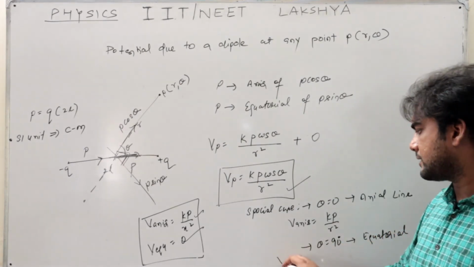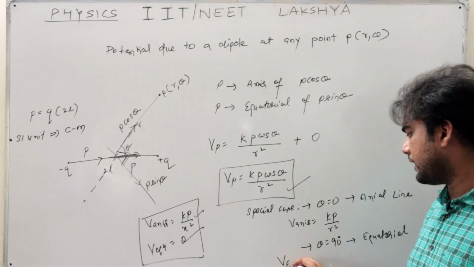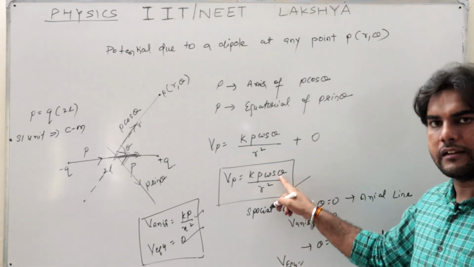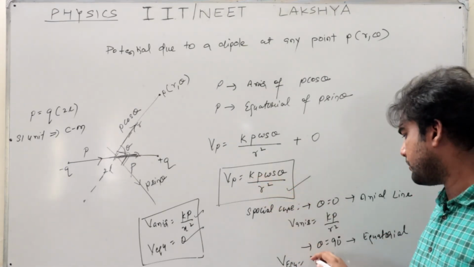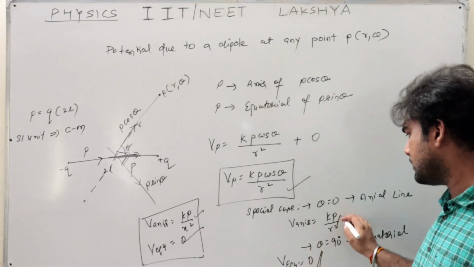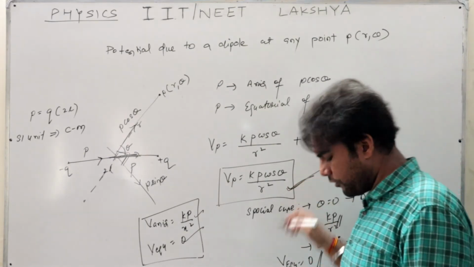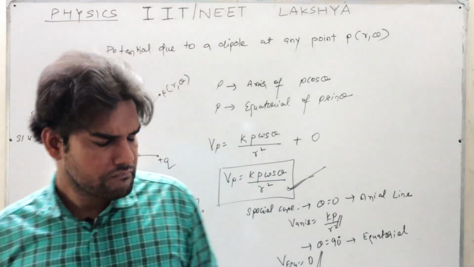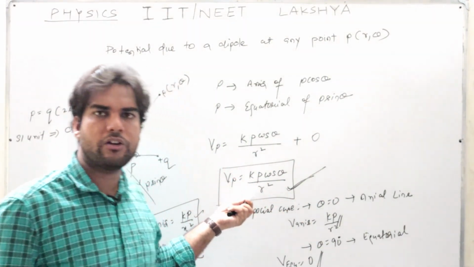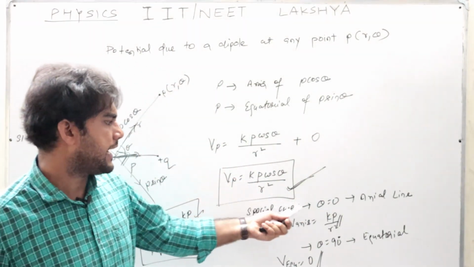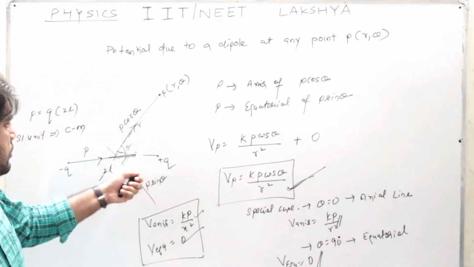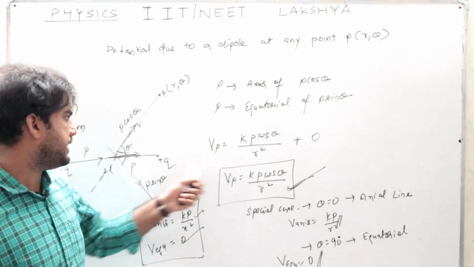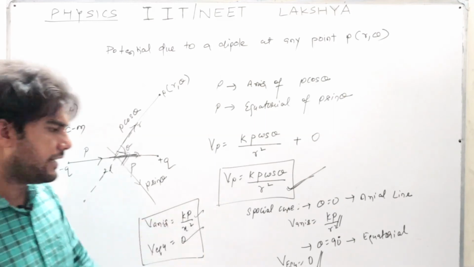Cos 90 is 0, so V equatorial becomes 0. So you can derive that from here also. In general, you can remember this formula itself, Kp cos theta by R square. For the axial position, theta has to become 0, and for the equatorial position, theta has to become 90. So that is your special case.